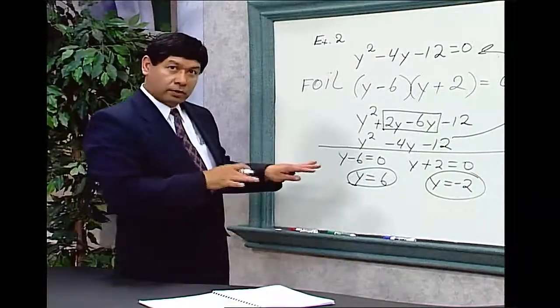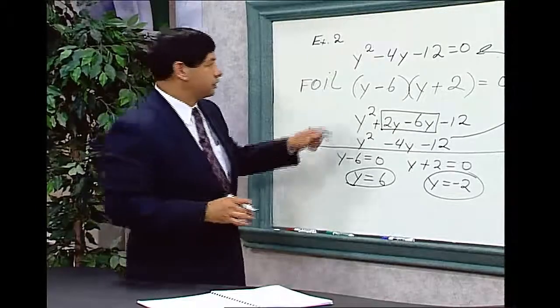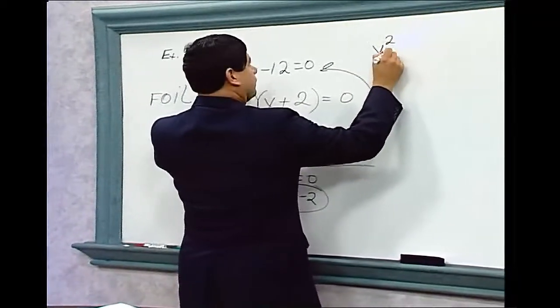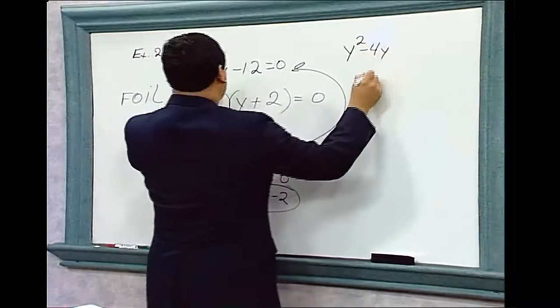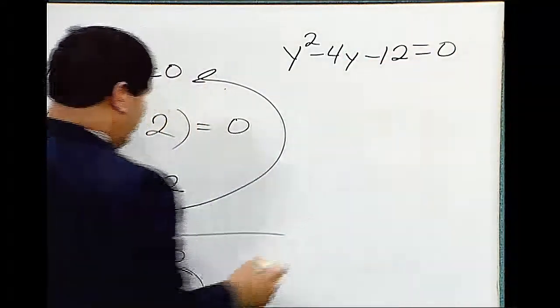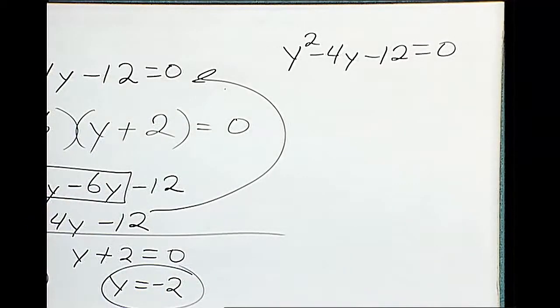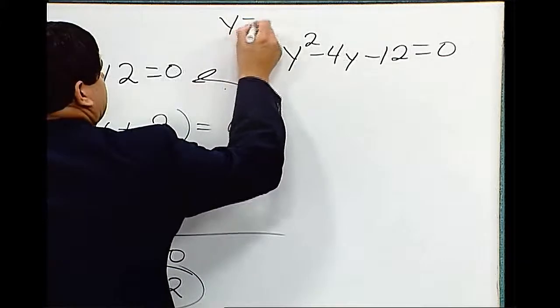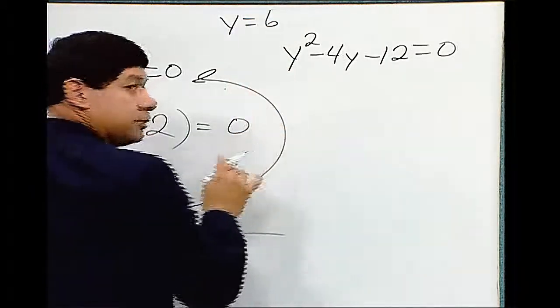Now, to see if they work, let's plug them into our original equation. We have y squared minus 4y minus 12 is equal to 0. Okay, let's start with y is equal to 6. Now let's substitute.